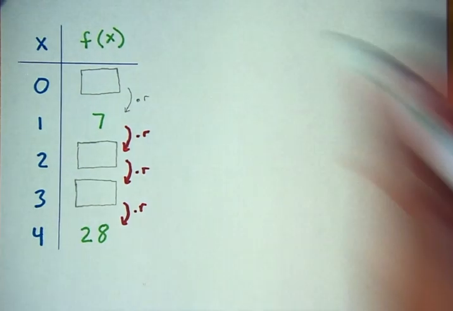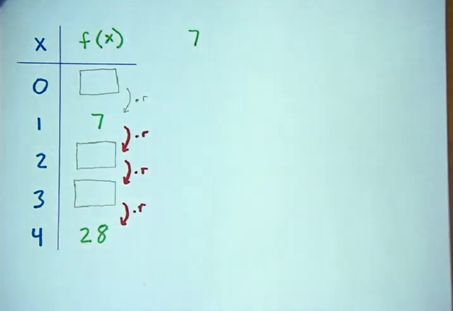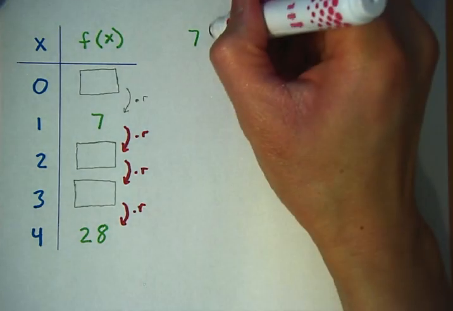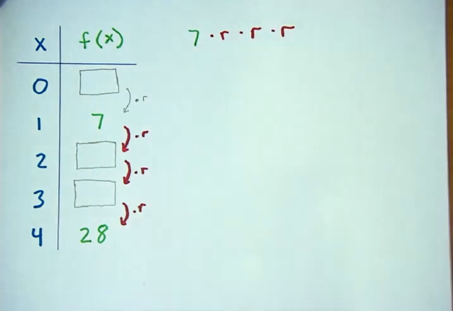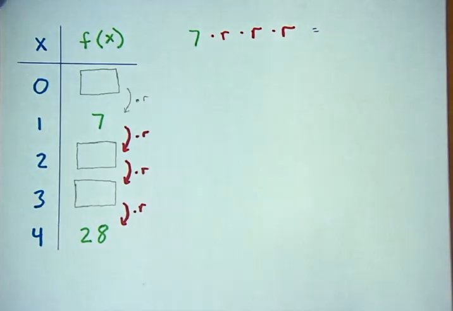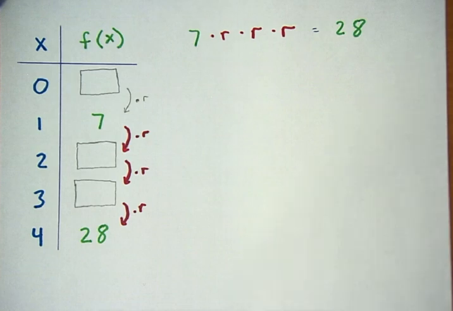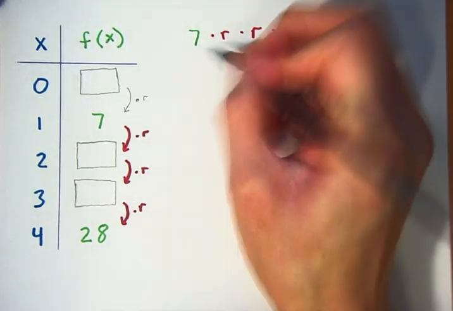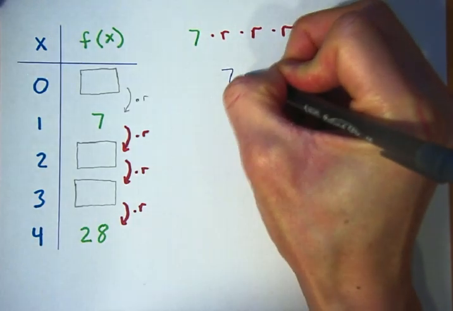So let's create that equation right there. 7 multiply r, multiply r, multiply r will equal 28. And now let's solve for r. 7 times r times r times r is 7r to the third power.